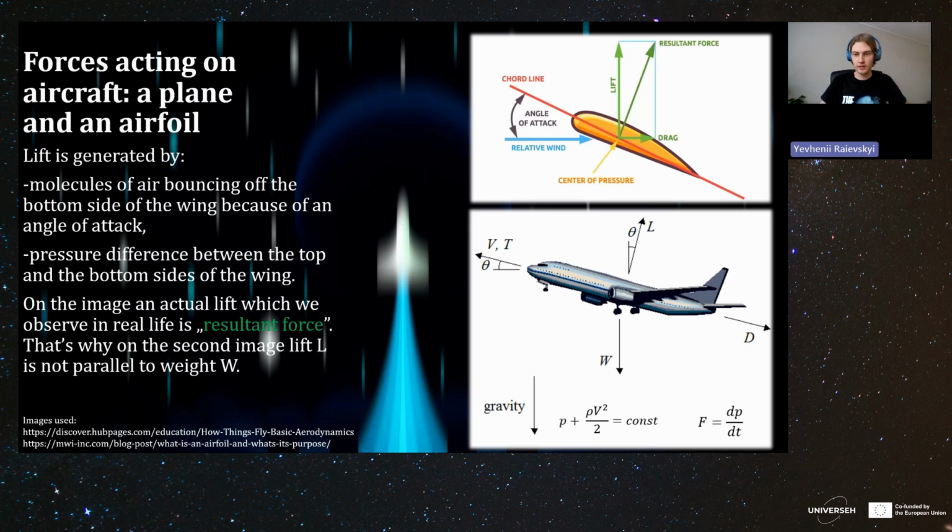This is the force called drag, and the sum of this lift and drag, as this picture states, is a resultant force, and this resultant force is, I would call, the real lift that we observe in aircraft.